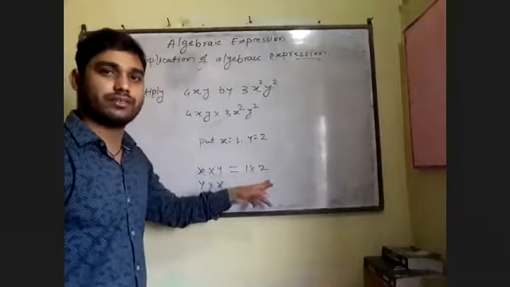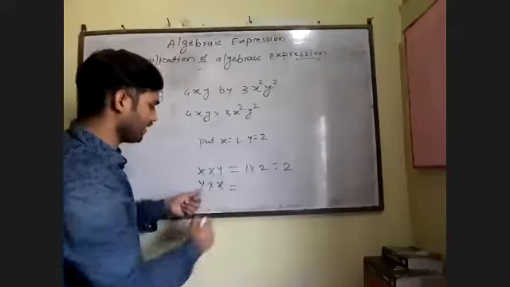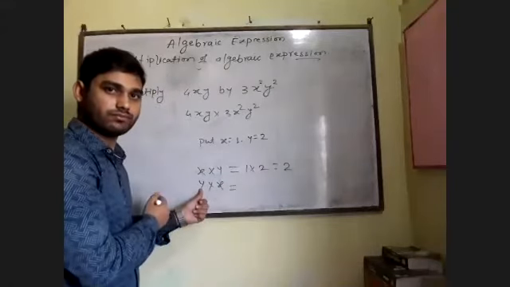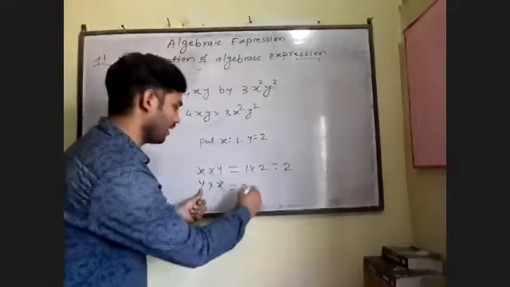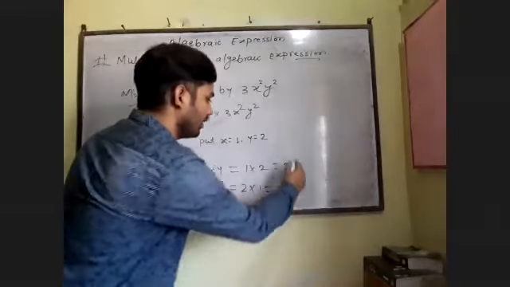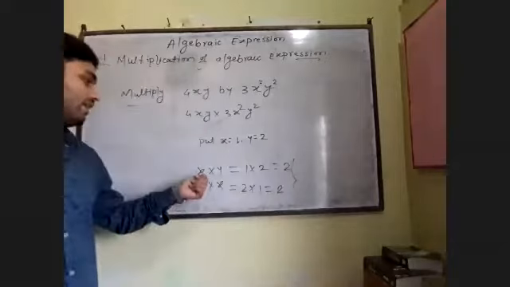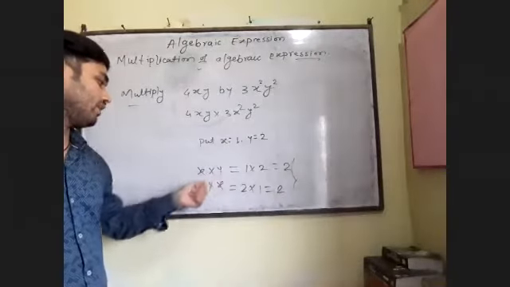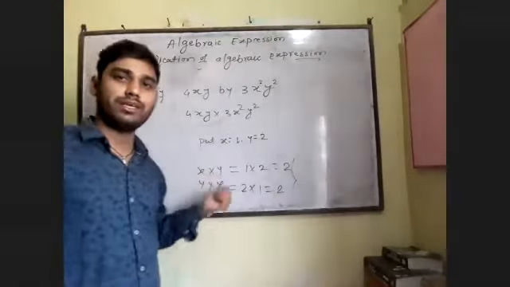Again, the value of y is 2 and the value of x is 1, that is 2. Now what will we say? Whether we write x into y or y into x, the value will be the same.